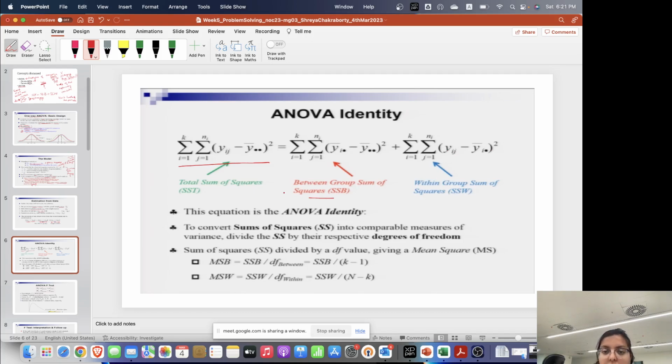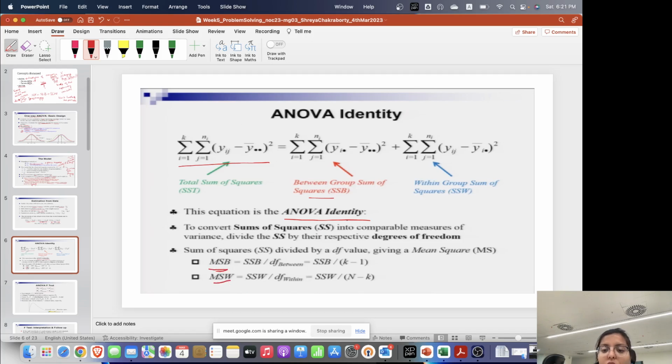This equation we'll call an ANOVA identity, and if we divide the sum of squares by their corresponding degrees of freedom, then we are going to end up at the mean sum of squares, mean square between and mean square within.